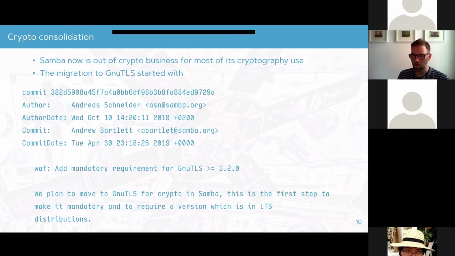And that was implemented for us pretty quickly so that we were able to use them, and all the main distributions have up-to-date GnuTLS in the meantime, so we make use of that.